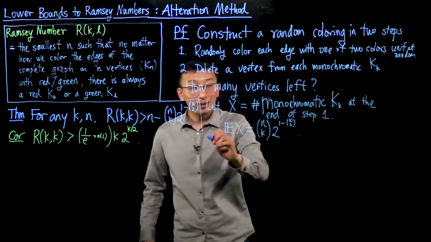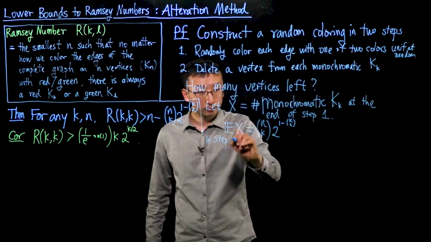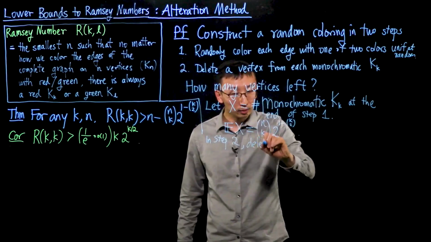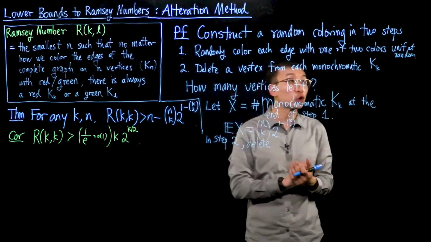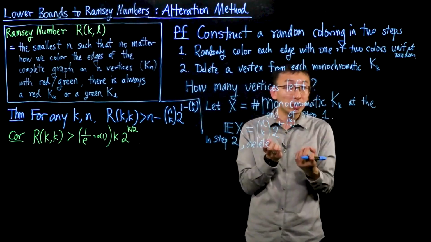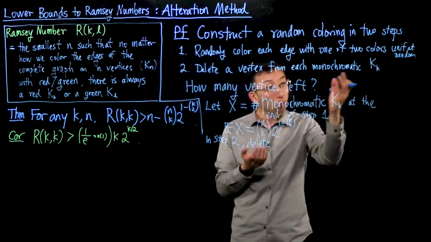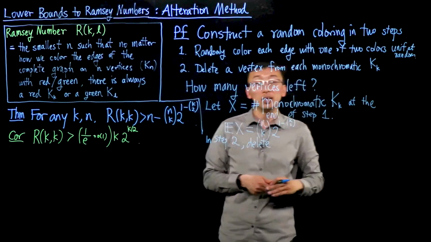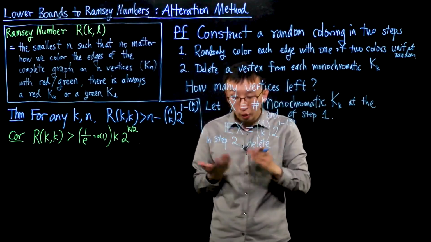Now, in the second step of this process, we delete some number of vertices, one vertex for each monochromatic k-clique, although some vertices may be used to destroy more than one monochromatic k-clique. So the number of vertices that we delete is not necessarily x, but it is no more than x.